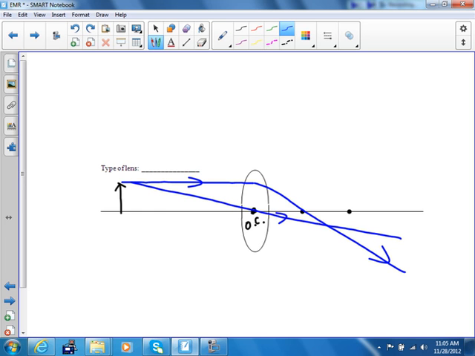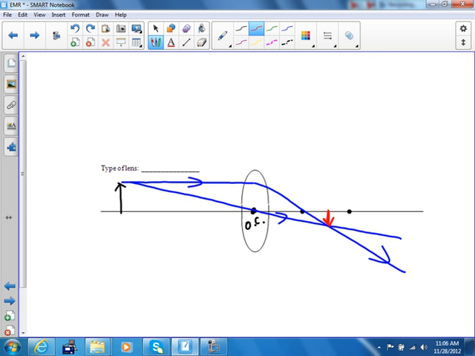Looks like this. The image formed is going to be right here. What are the characteristics of that image? It is, number one, smaller. It's inverted, and it's, what is it? No, it's not virtual. It's real.